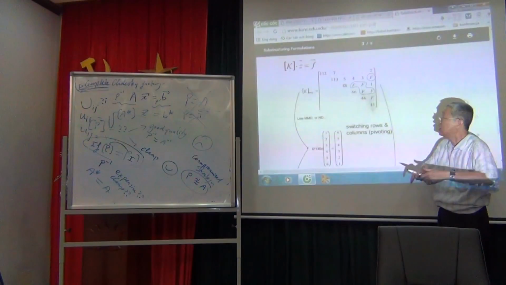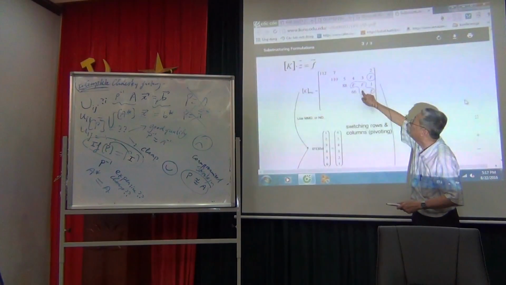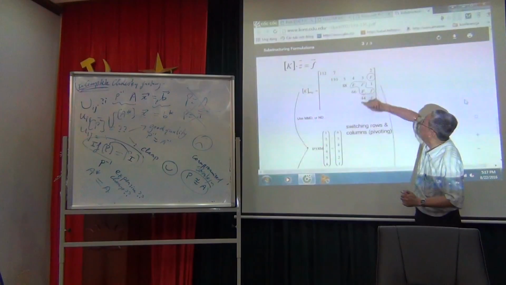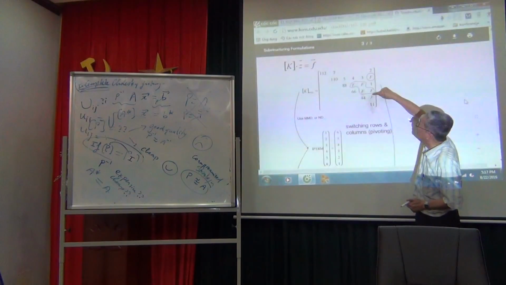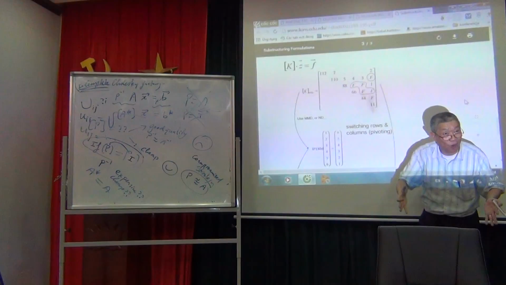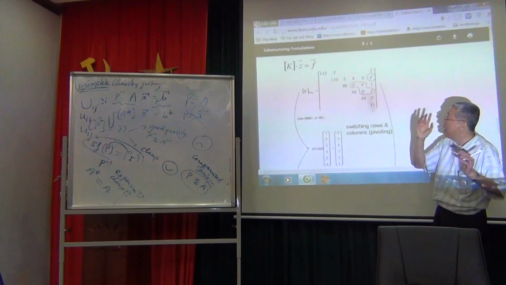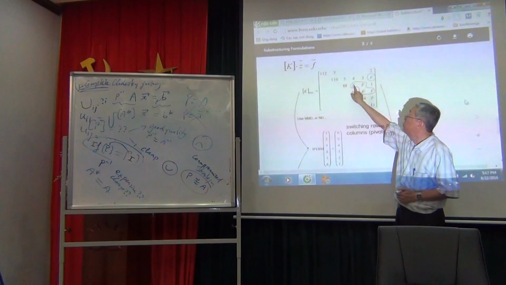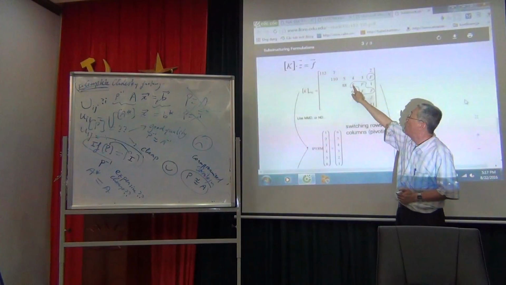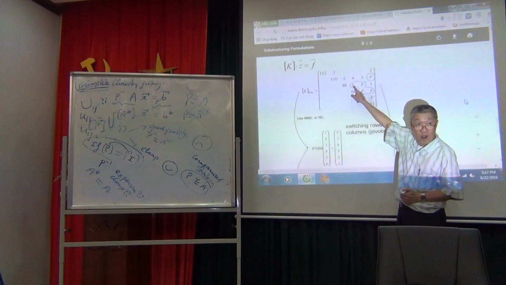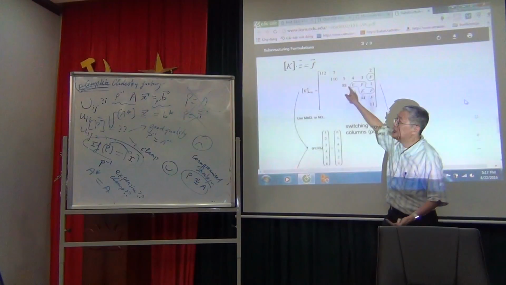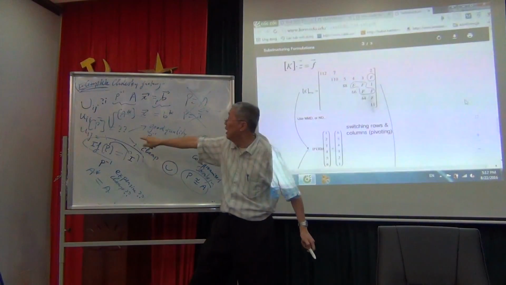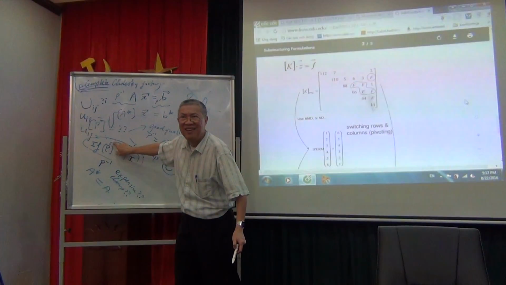Which means this F and this F remain 0. So now the question is, can you find out U of row 3, column 4? Of course, the answer is yes. You still apply equation 5. Do you understand?